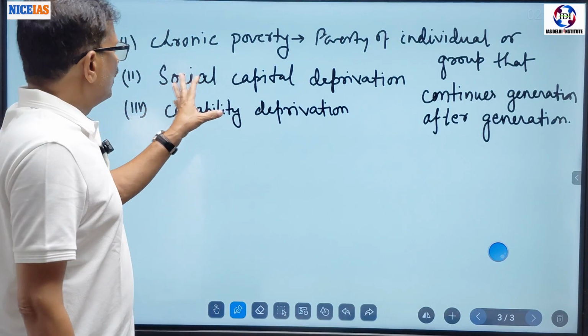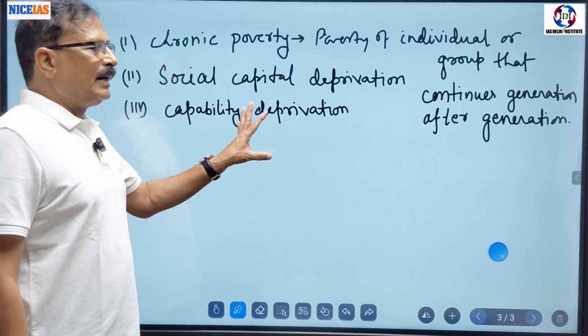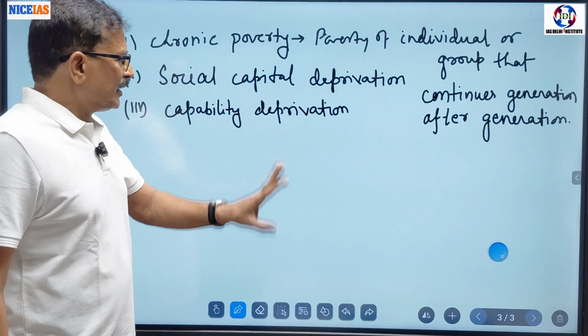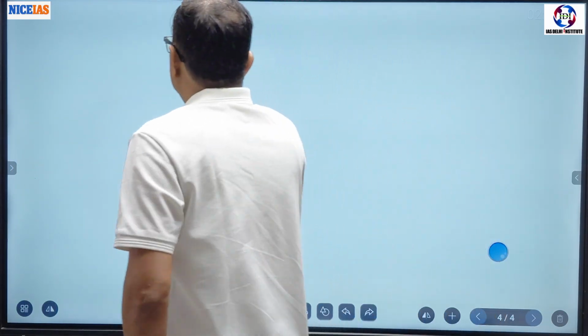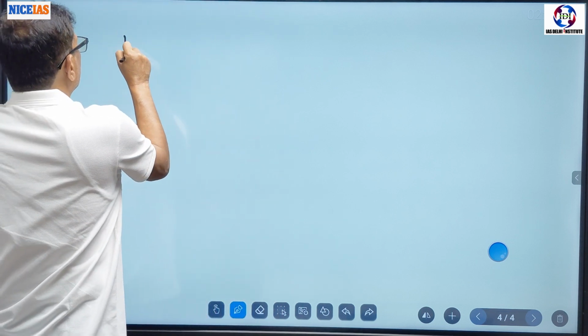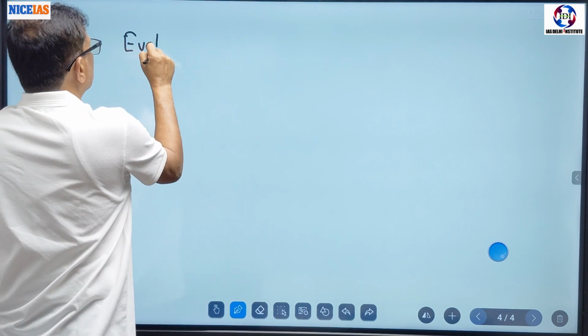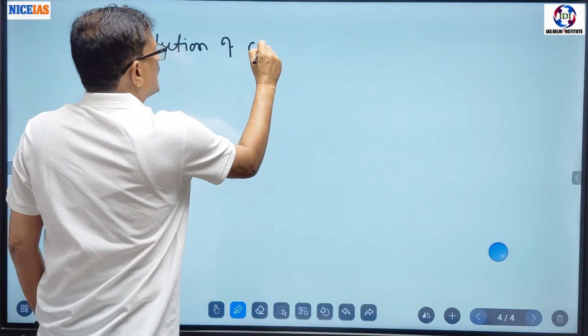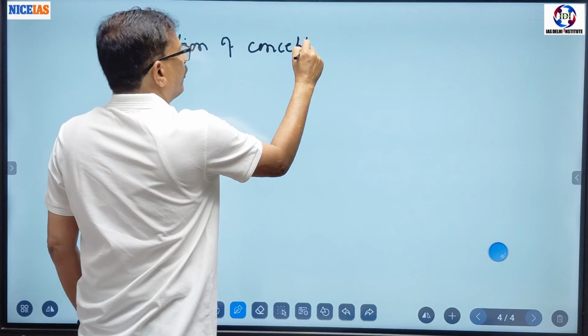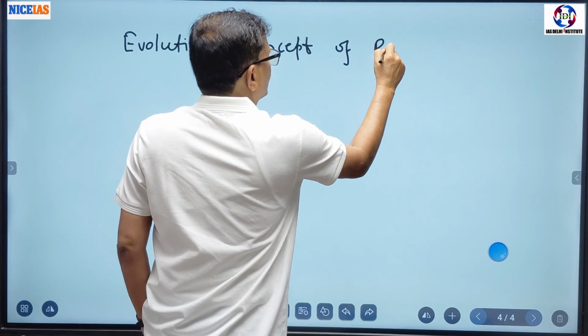Now we talk about social capital deprivation and capability deprivation approach. Before that, as I said, we'll talk about the evolution of the concept of poverty.